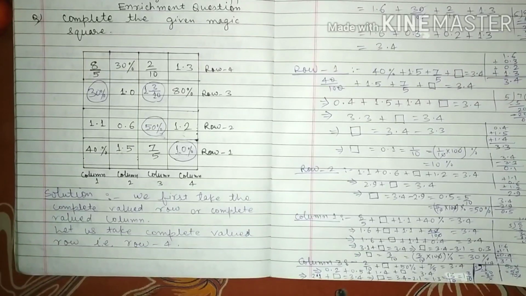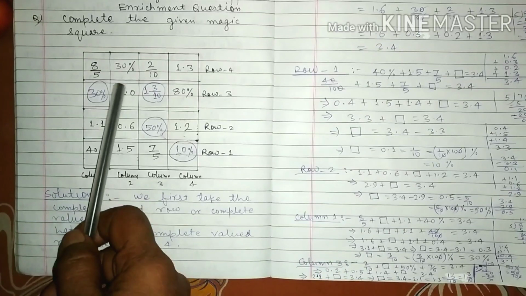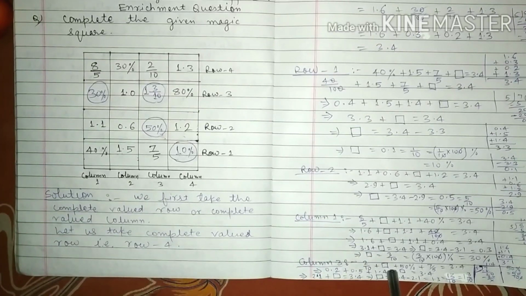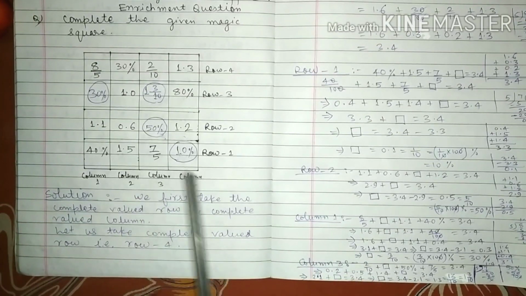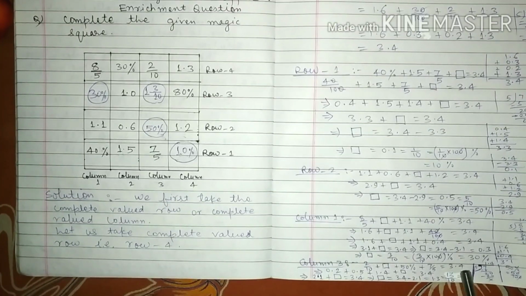Now column 3. In column 3, here we see 2 by 10 plus box plus 50% plus 7 by 5 equals 3.4.